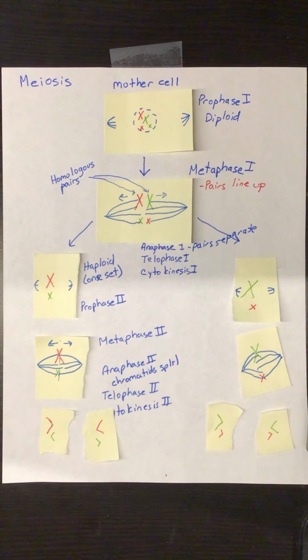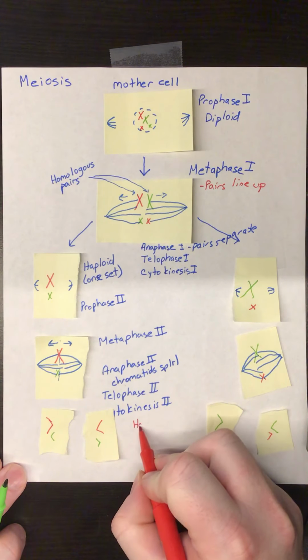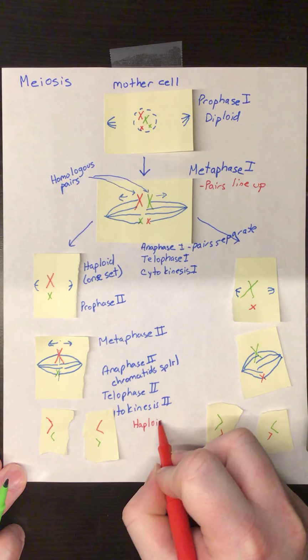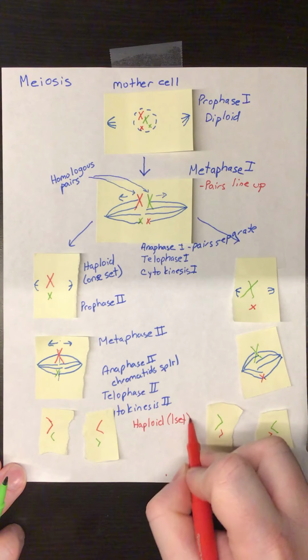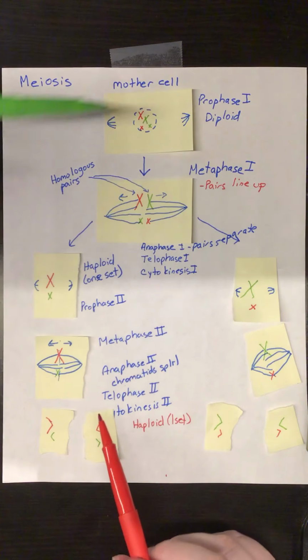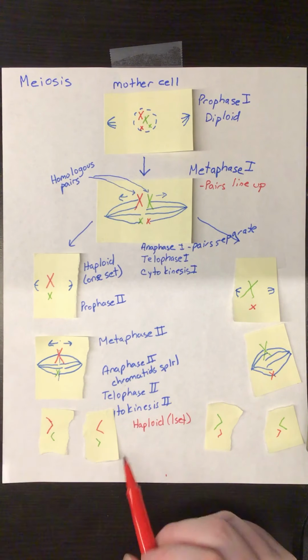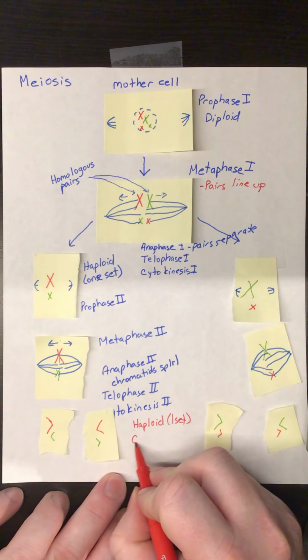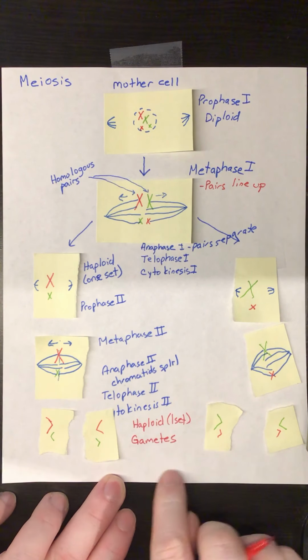And now what we've got is cells that are still haploid. They've got one set. If we look at these cells compared to the beginning, they've only got half of the amount of DNA. And that's okay, because the cells that we've made here are cells that are called gametes.